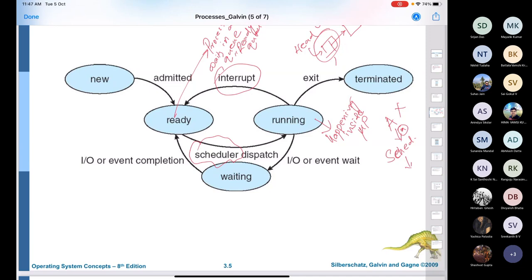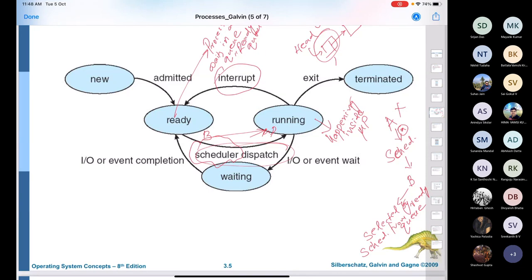Then from that it goes to another process, say B. So this process B was selected by the scheduler from the ready queue. This process of another process B going from the ready state to the microprocessor is called a scheduler dispatch. That is the technical name.